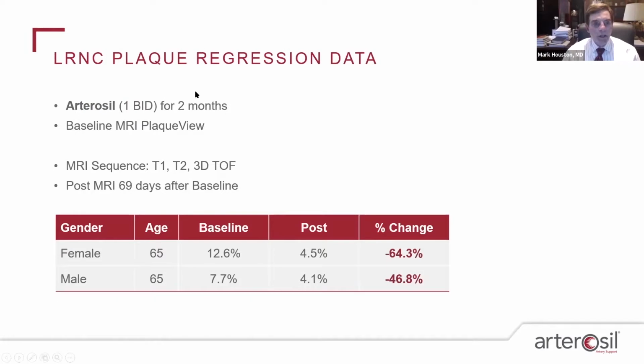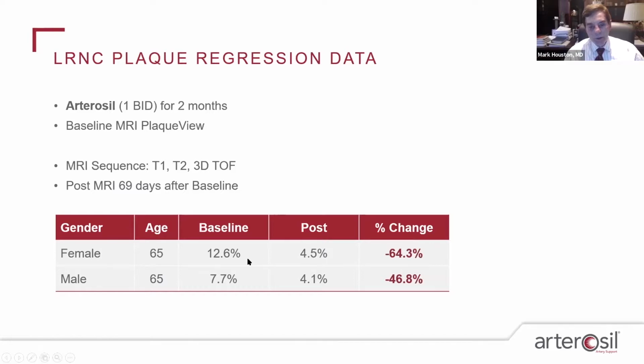So the plaque regression study that was done is a 2-month study using ARTEROSIL, 1 capsule twice a day, and then they did MRI sequencing, and then post-MRI 69 days after baseline. So here's your genders over here: female 65, male 65. Here's your baseline plaque, 12.6 female, 7.7% males. And here's the post-plaque at 69 days.